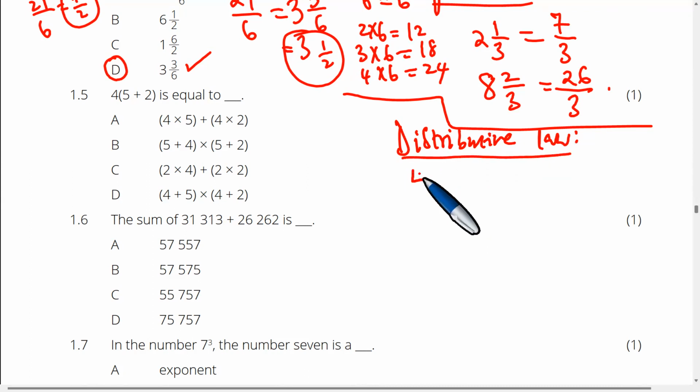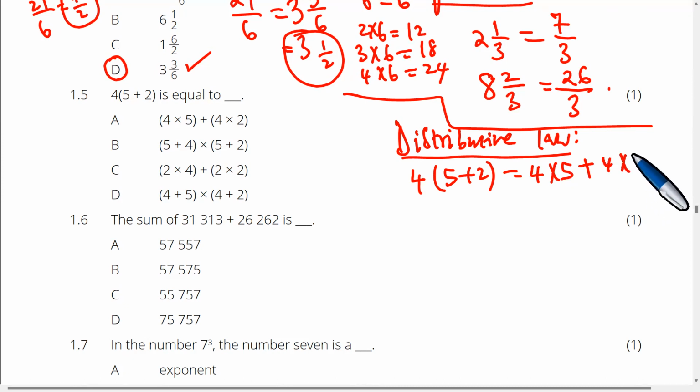So you have 4 into 5 plus 2. You distribute: 4 times 5, 4 times 2. This is called the distributive law, in which case you can put parentheses around each one of the terms.